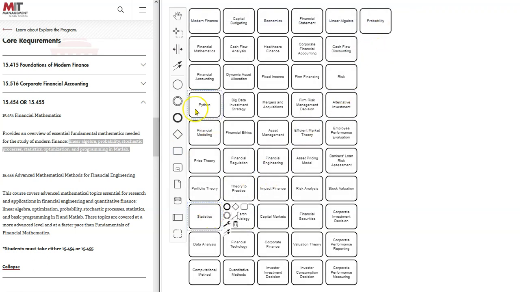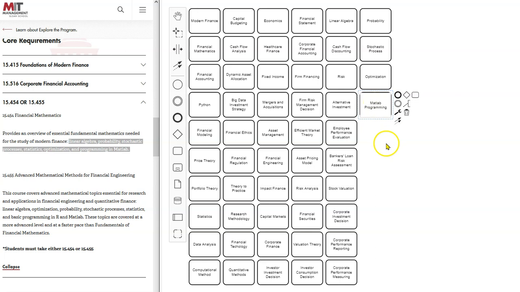We already have statistics down here. Well, that's stochastic processes. Stochastic process. I say stochastic process, you say stochastic process. Optimization. And we have MATLAB programming.